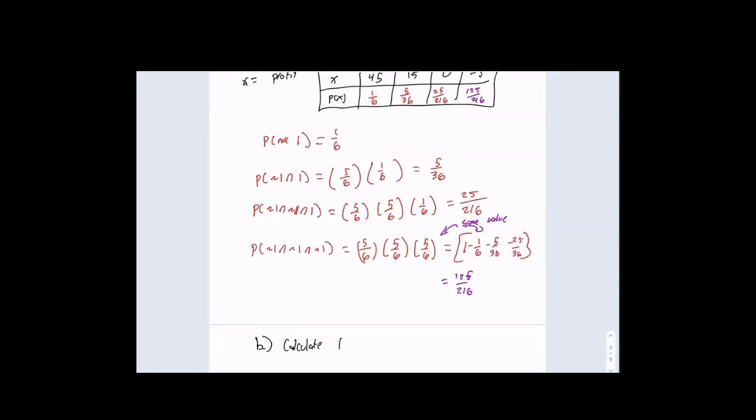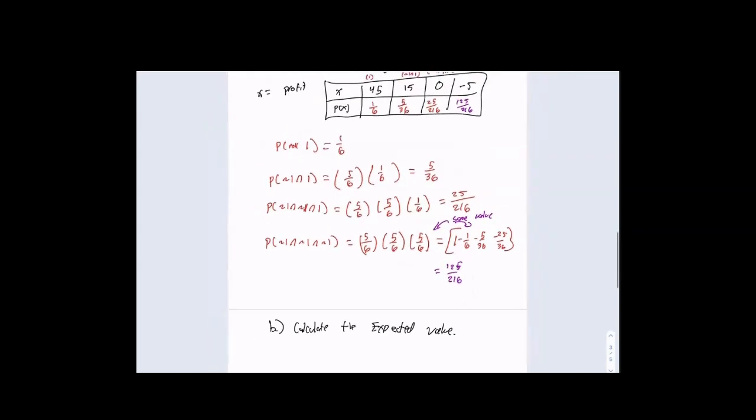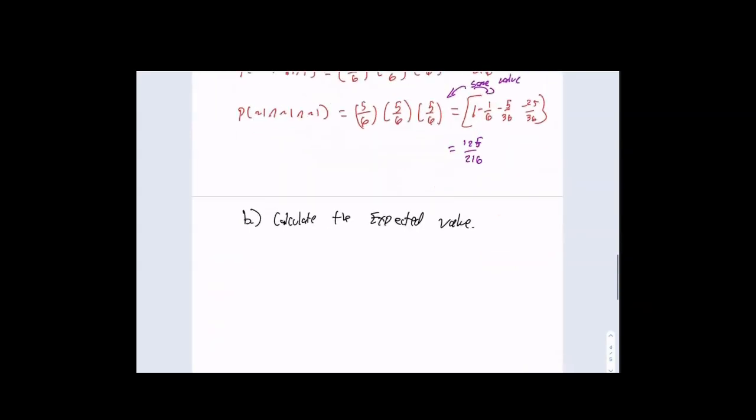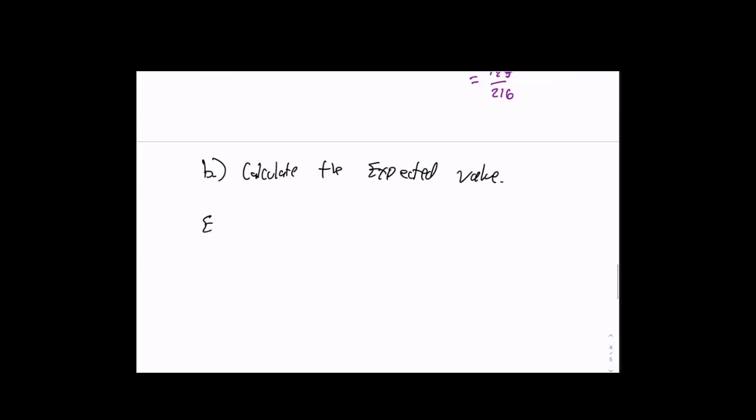B, calculate the expected value. Okay, so we're going to multiply each of these outcomes times its given probability. Once you've already done the probability model, this is easy. So the expected value of x is equal to what?